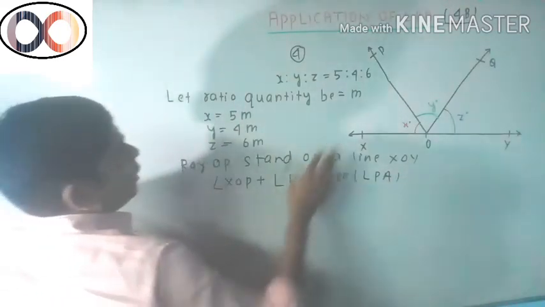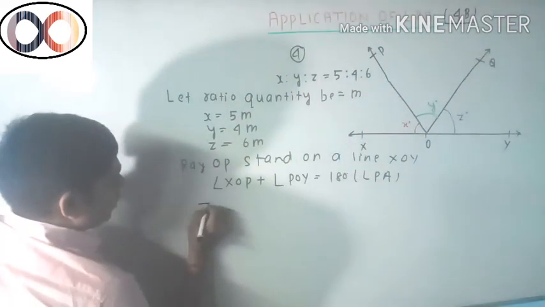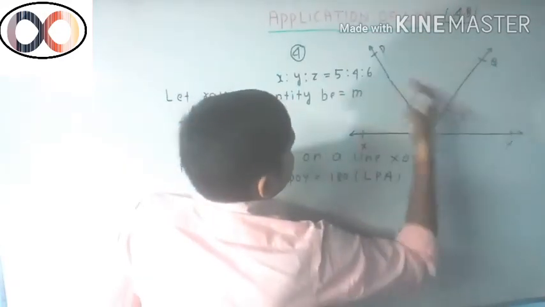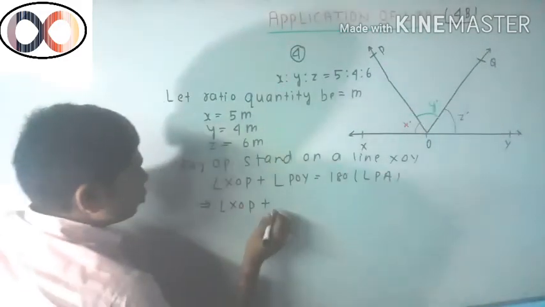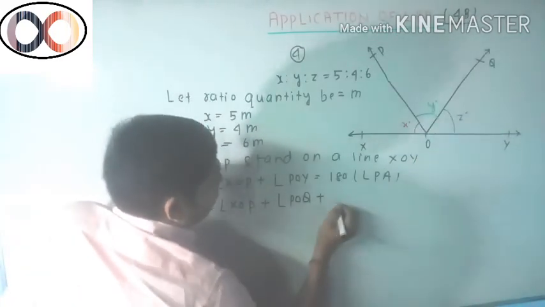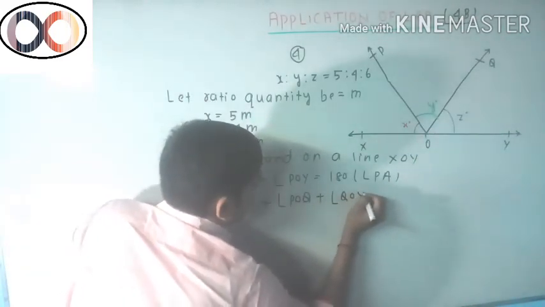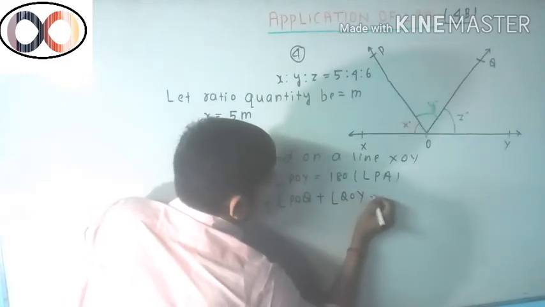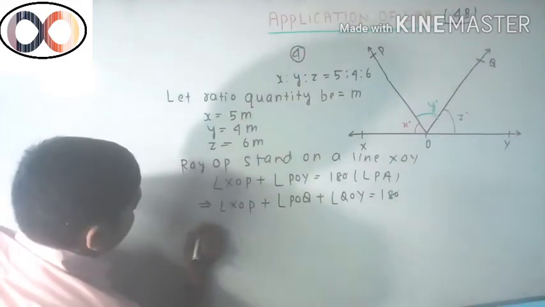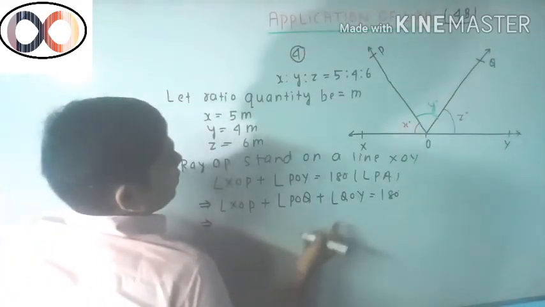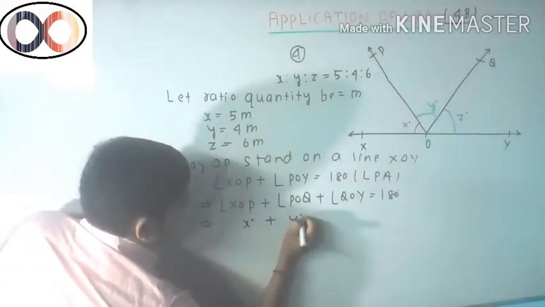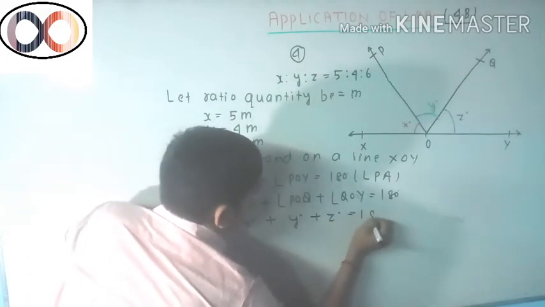We can split angle POY into two parts: angle POQ plus angle QOY. So x degree plus y degree plus z degree equals 180 degrees.